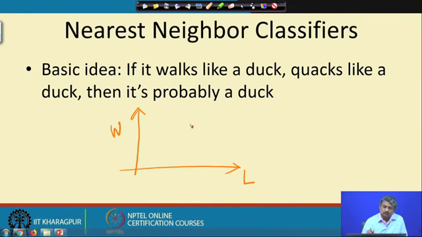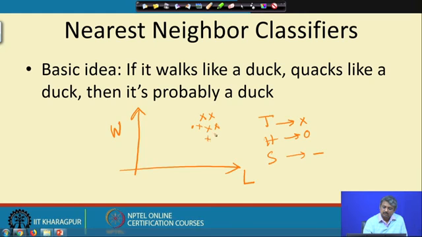So, if I look at the training examples, each of the tuna I represent by a cross, Hilsa by a circle, and shark maybe by a dash. So, this is all my tunas.